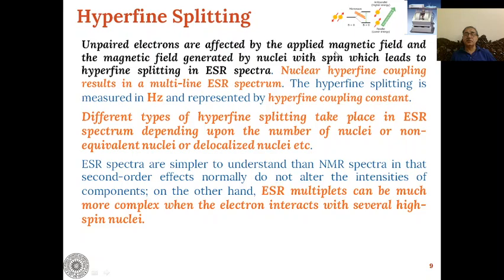But if the exact operating frequency is not known, then generally the DPPH radical is used as the standard reference. 1,1-diphenyl-2-picrylhydrazyl radical, this one is used as a standard reference, and this radical gives 5 distinct sharp peaks, and the spectrum is like this, and the intensity ratio of these peaks is 1 to 2 to 3 to 2 to 1.